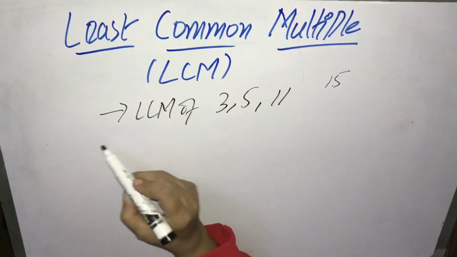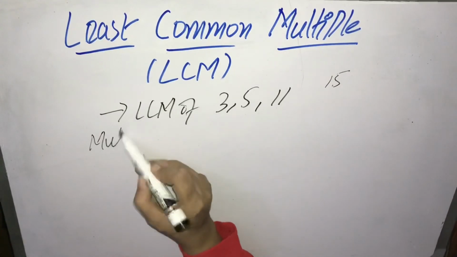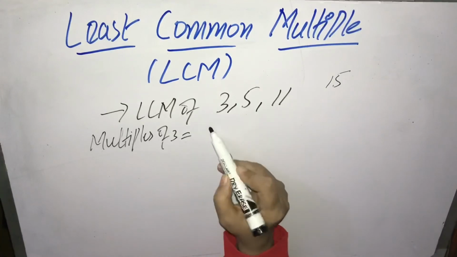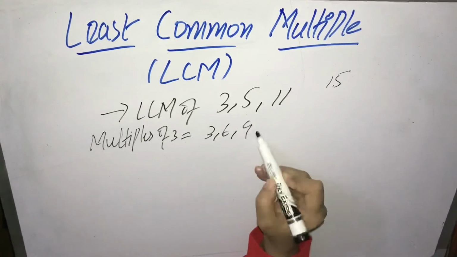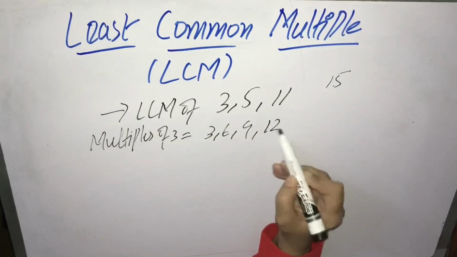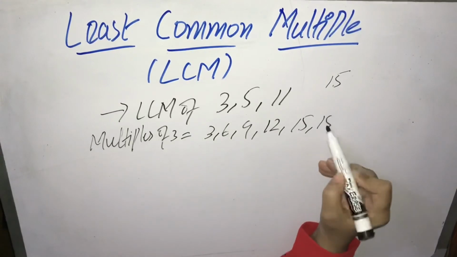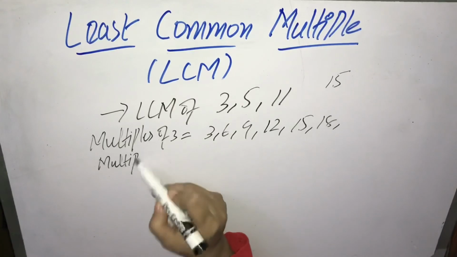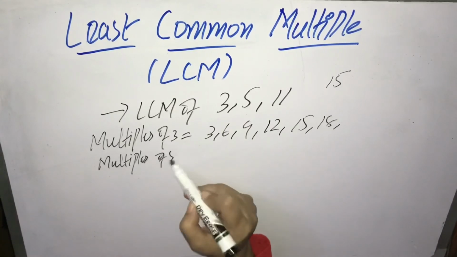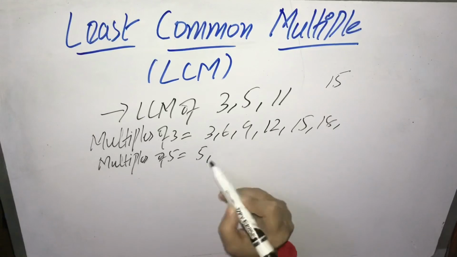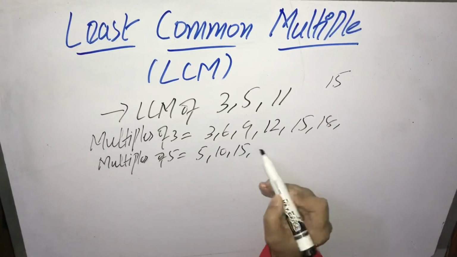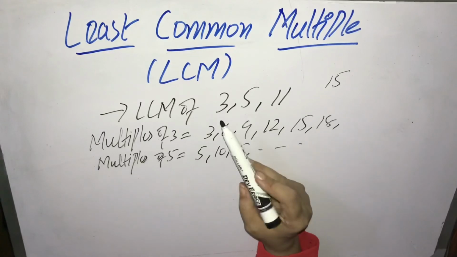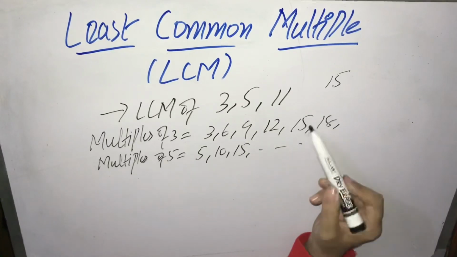If you take the multiples of 3, these are 3, 6, 9, 12, 15, 18 and so on. Multiples of 5, 10, 15 and so on. So the LCM of prime numbers is the product of prime numbers.